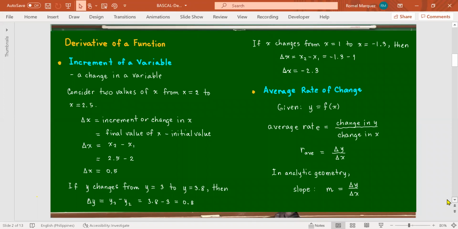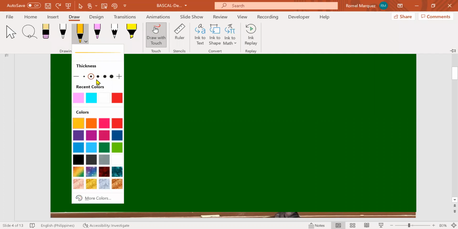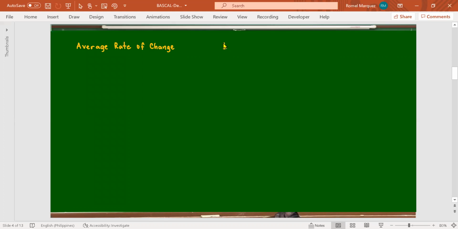For instance, if I'm going to consider the following, let's say I have average rate of change, and then let's say I have here instantaneous rate of change.